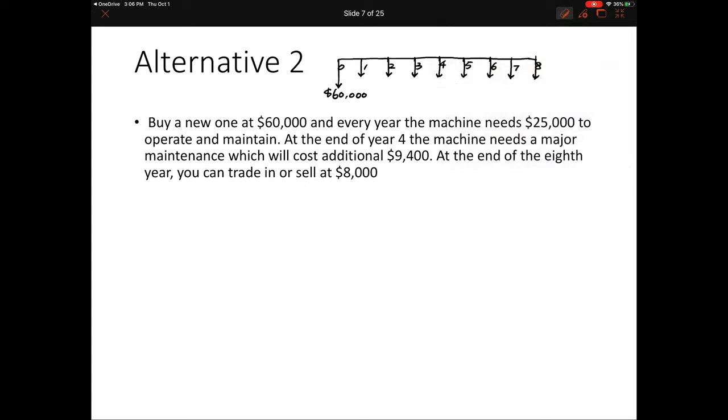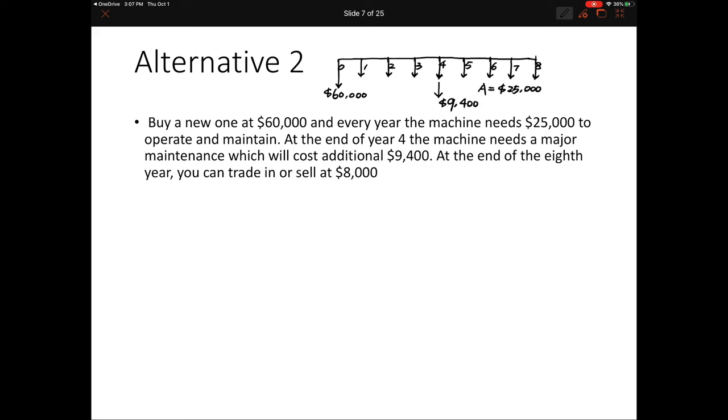Okay, so let me draw it. Let me put the annuity here. So you're gonna have an additional arrow going downward, a shorter one, which is 9,400.